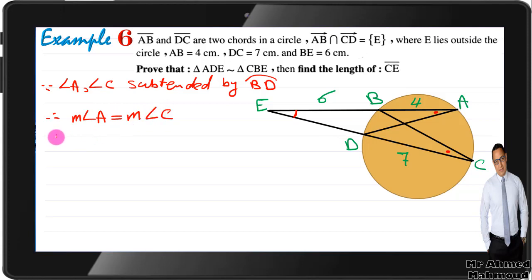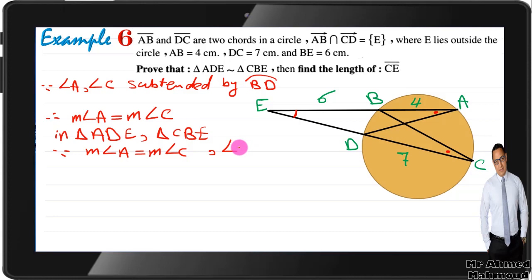Okay, in triangle ADE and triangle CBE, since measure of angle A equals measure of angle C and angle E is common, therefore triangle ADE is similar to triangle CBE.